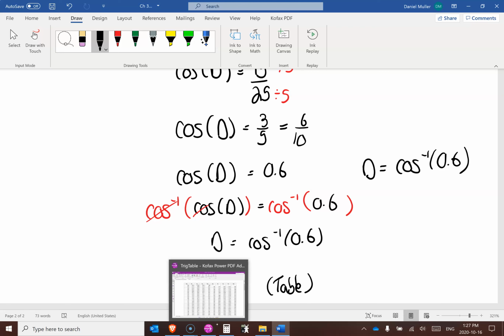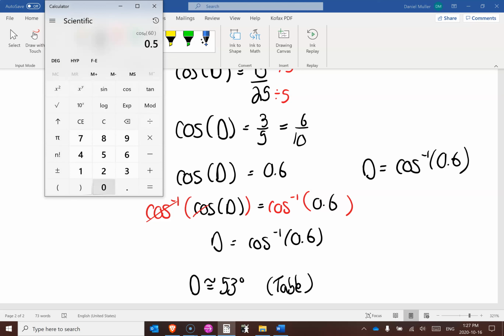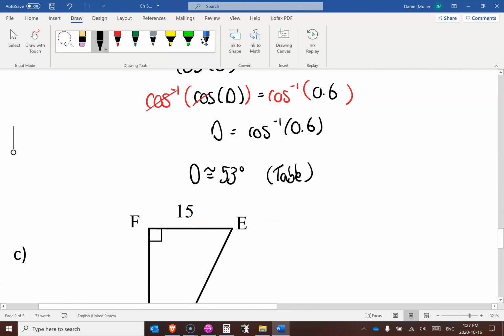If you're trying to find the angle, you do cos inverse of 0.6, and you get 53.13 degrees. Of course that's also approximate, like everything else here, and that was using a calculator.